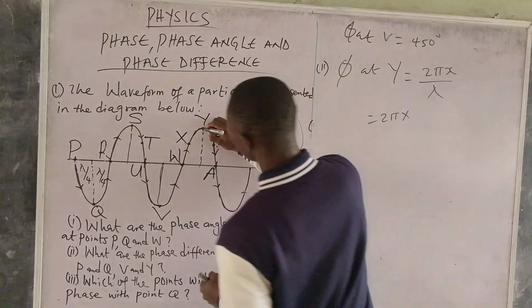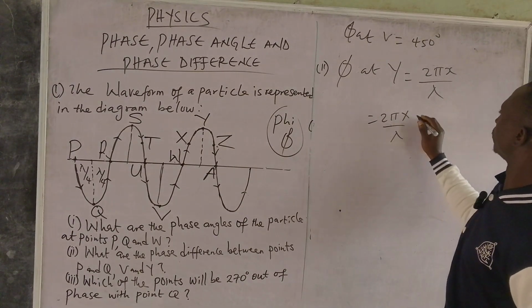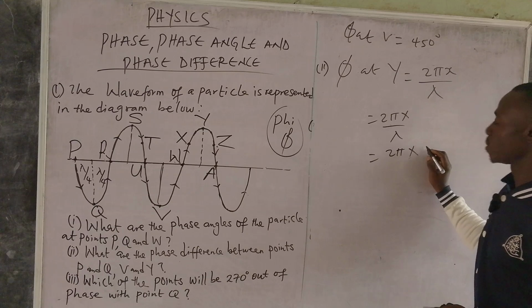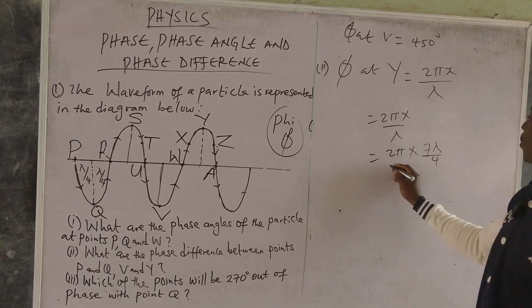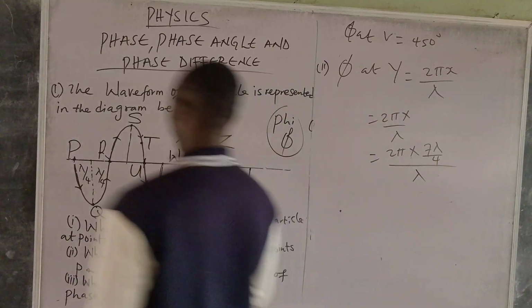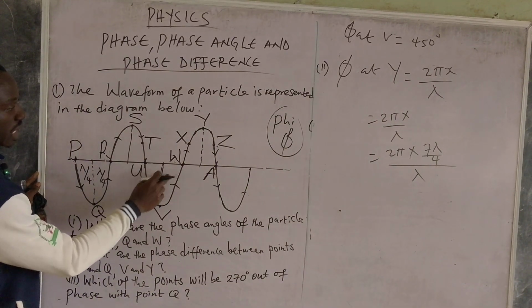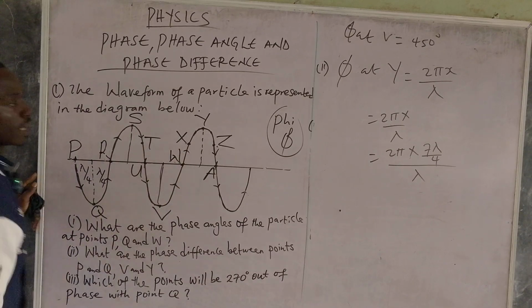So by the time we get to point Y, x is equal to 7. So this is 2 pi times 7 lambda over 4 over lambda. That's 7 lambda over 4.